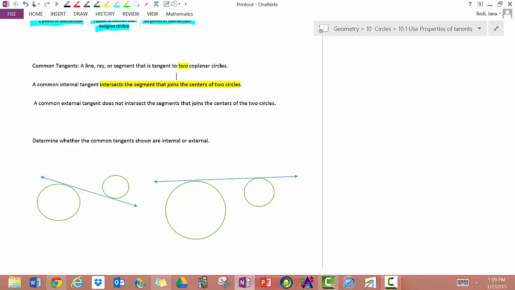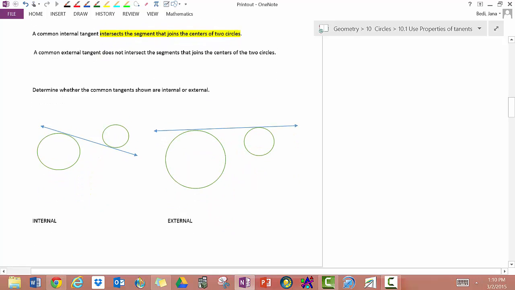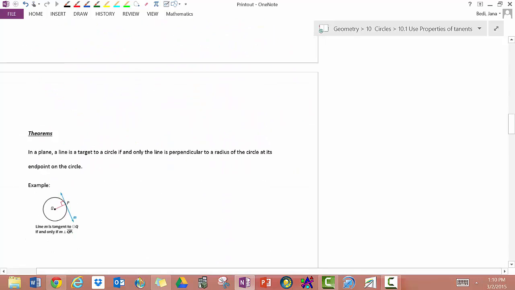So when you join two circles with the segment, if your tangent intersects that segment connecting the two centers, then it's internal, otherwise it is external. So what you can do is test yourself with the following diagram and see if you can determine whether the tangent is internal or external, and then the answer is given to you as well.